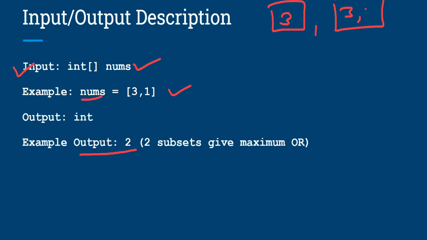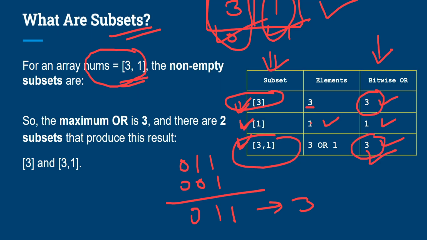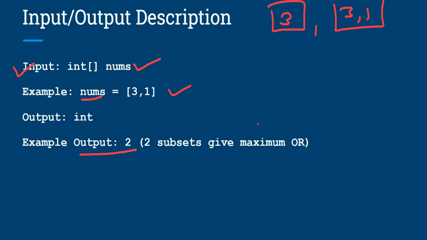Go back and see: we got 3, 1, and 3 1. Both give a bitwise OR of 3. That is the maximum OR, and these two subsets produce the maximum result. So the output here is 2.